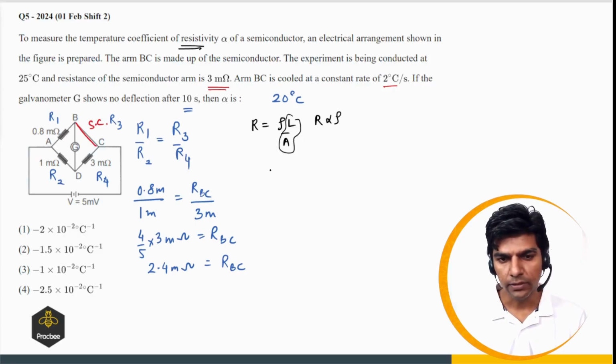So we can say the change in the resistance. So R is the resistance at new temperature is equals to resistance at old temperature times 1 plus alpha times the change in temperature. So change in temperature will be minus 20.